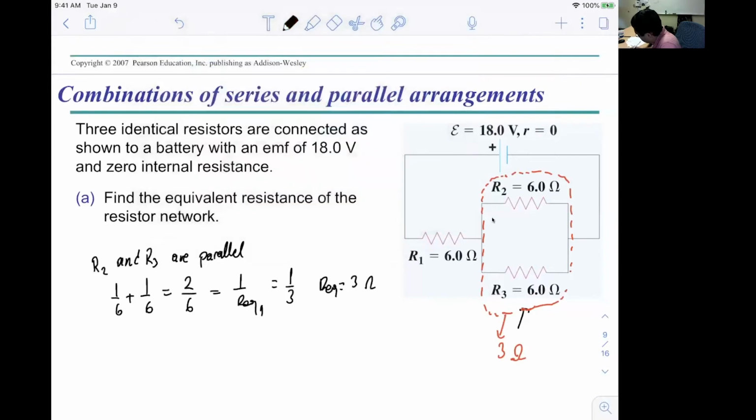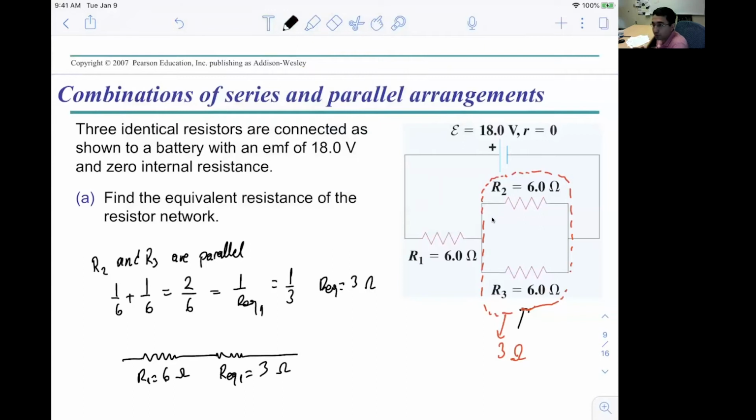And now R1, 6 ohm, is going to be in series with the 3 ohm. The equivalent resistance of R2 and R3 is 3 ohm.